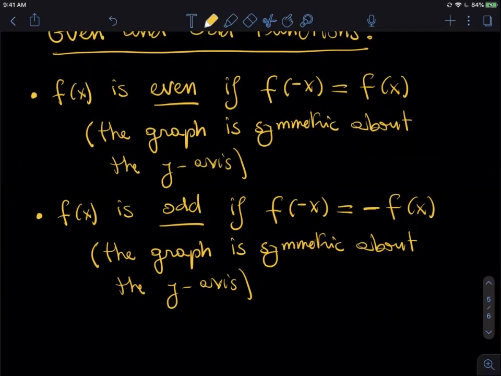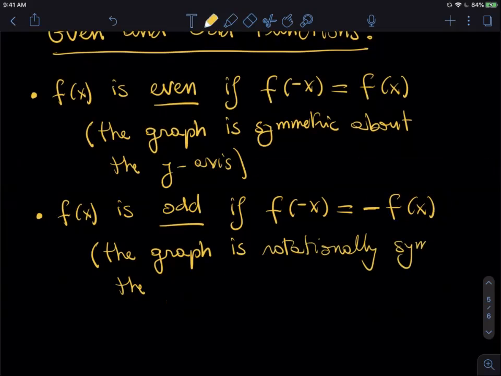In this case, the graph is rotationally symmetric about the origin.